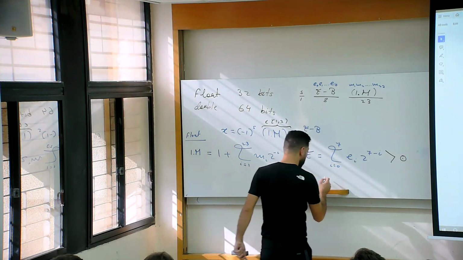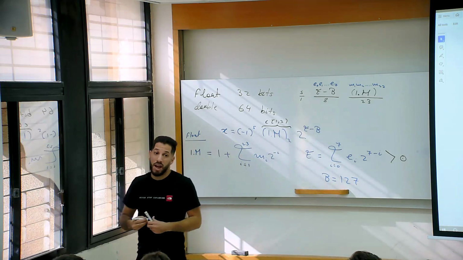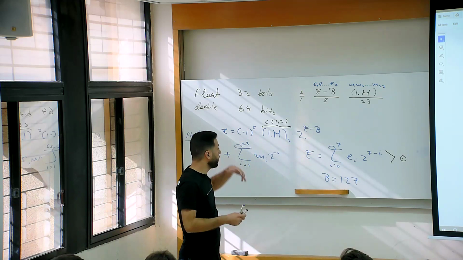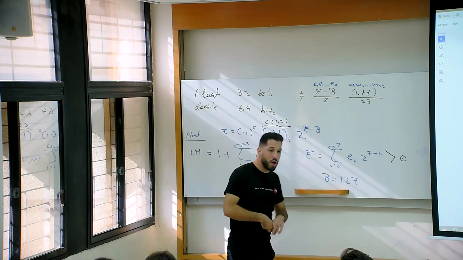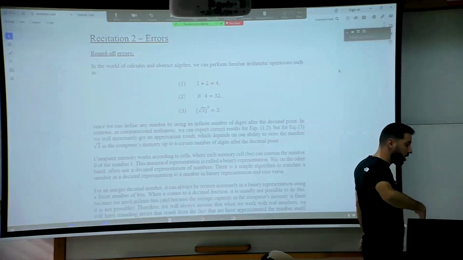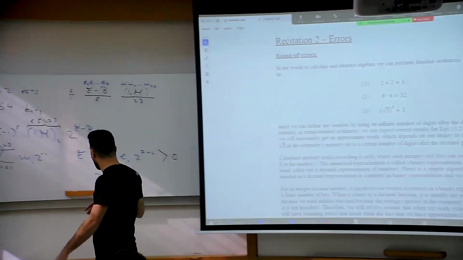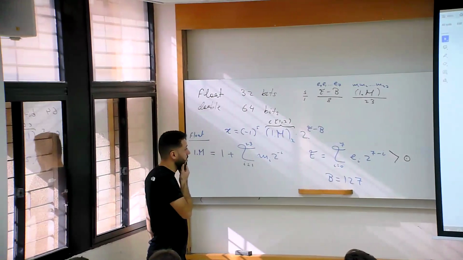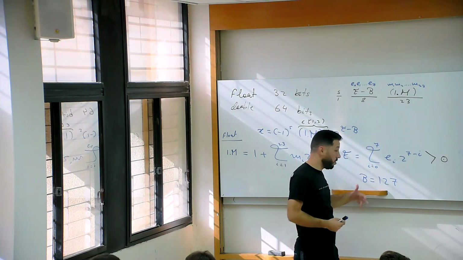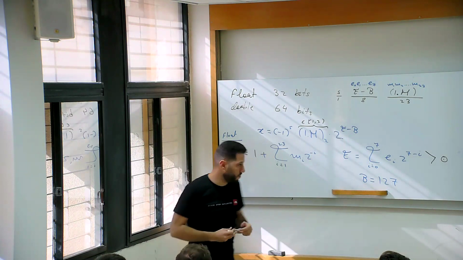The B is 127, and in this way the E minus B goes from minus 126 until 127, and in this way we can store numbers of order of magnitude of 2 to the minus 126.